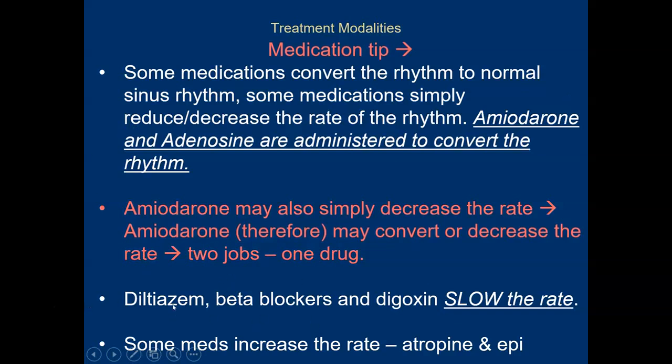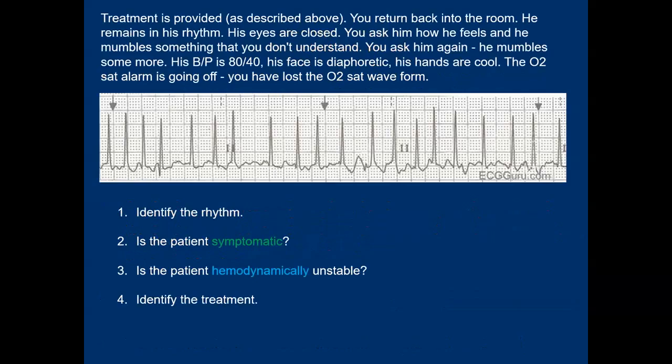That's why I have separated that out as a big medication tip that's very important for you to know. Now, we know that amiodarone is also a drug that will slow the rhythm down as well. So again, amiodarone may convert the rhythm, or it may just simply slow the rhythm down. It is a very complex drug, and you just need to know the big effects of it, which is to slow or convert, whereas diltiazem, beta blockers, and digoxin simply slow the rate down.